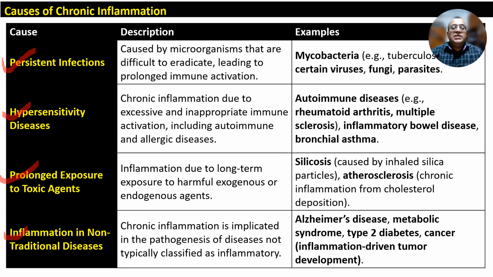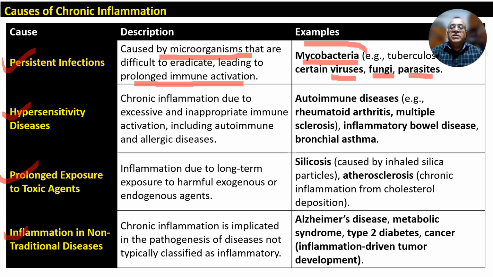In persistent infection, chronic inflammation occurs when the microorganism is not easily eradicated. It may lead to the body's prolonged response toward the microbe. Examples of these are Mycobacterium tuberculosis, certain viruses, fungi, and parasites.